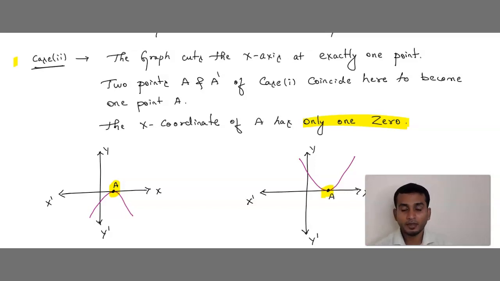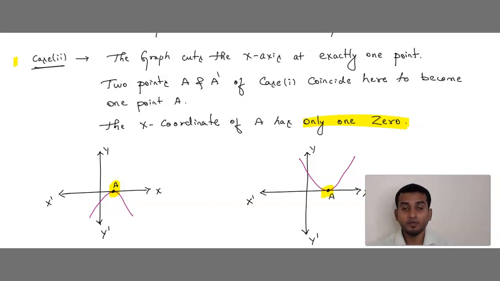Understood? It means that in a quadratic graph, where the shape is a parabola, sometimes it has 2 zeros and sometimes it has 1 zero. Quadratic does not compulsorily mean only 2 zeros. As per the nature of the graph, A and A dash have the same values.